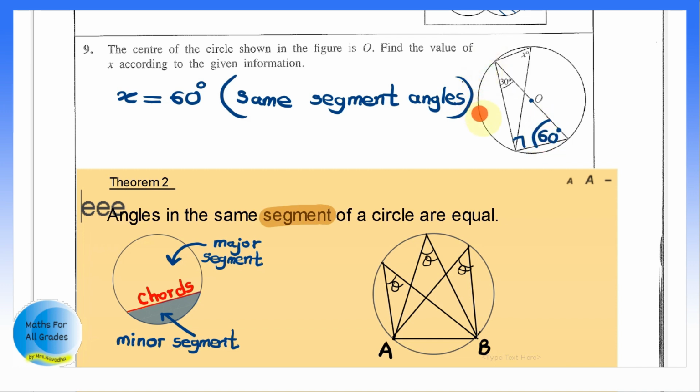Now look at this arc. This angle x and this 60-degree angle lie in the same segment. Therefore, according to the same segment theorem, x equals 60 degrees.